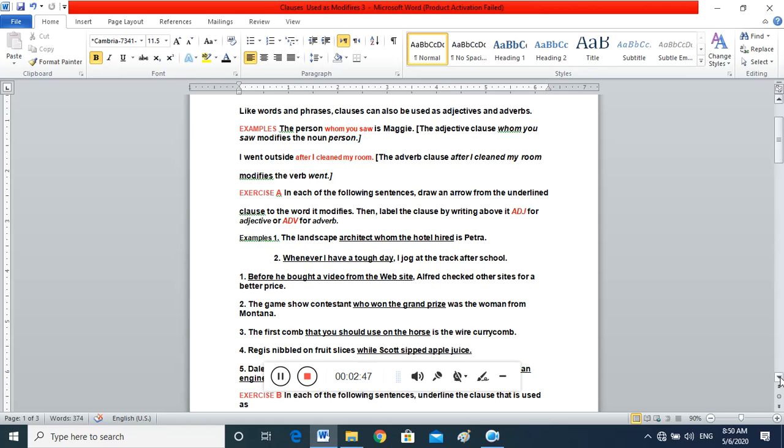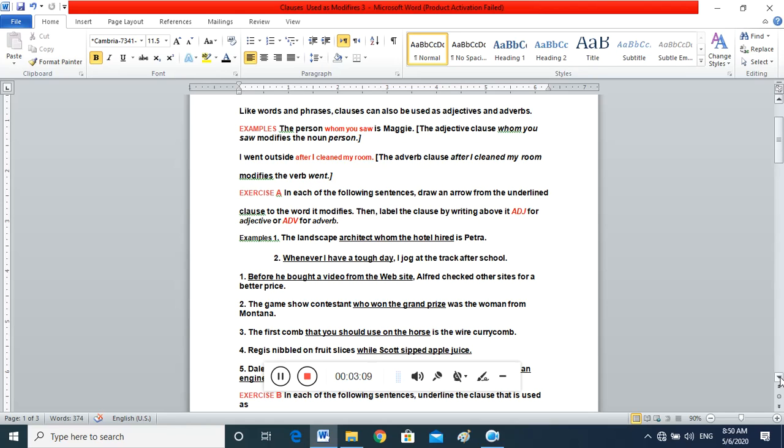Okay. The landscape architect whom the hotel hired. Here we have the clause whom the hotel hired describes the word architect, so it acts as an adjective.